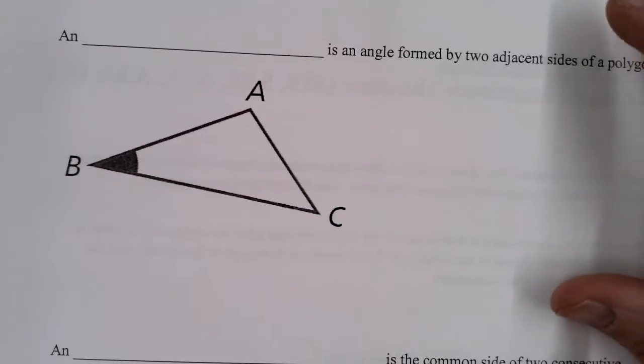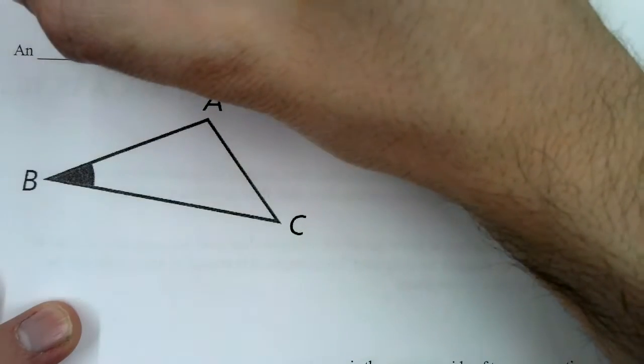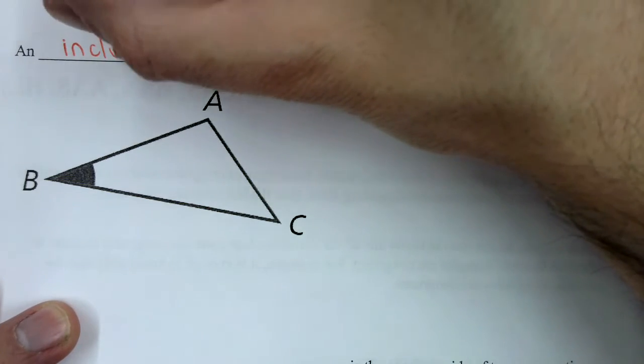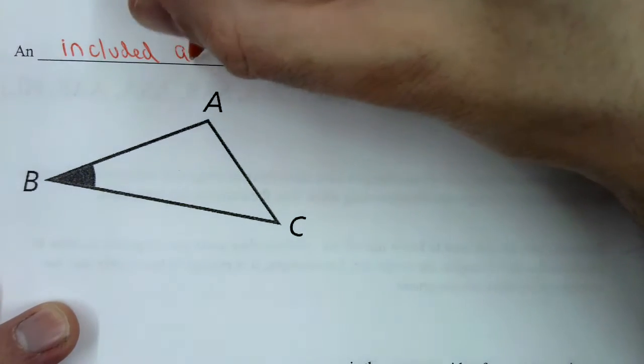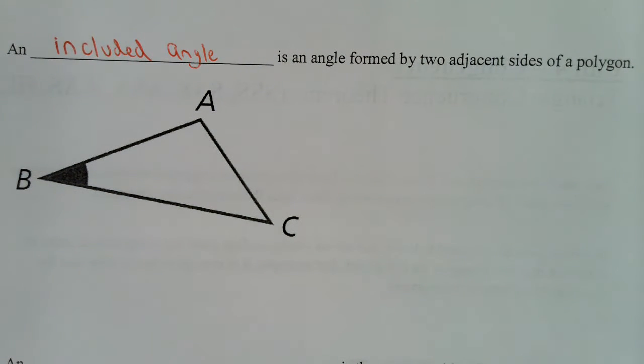So let's talk about that a little bit more, just to talk about the included angle more. An included angle is an angle formed by 2 adjacent sides of a polygon. So I mean 2 sides right next to each other.